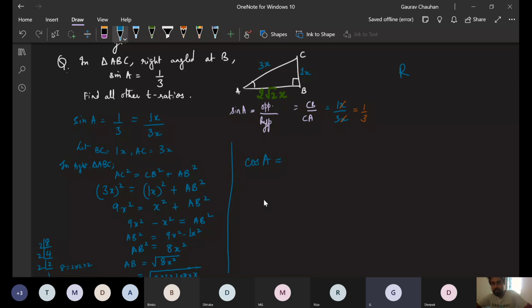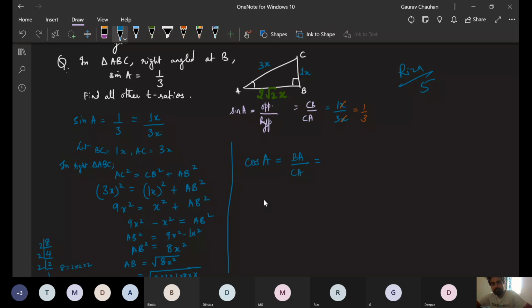Cos A is adjacent side by hypotenuse, sir. Okay, tell me which side by which side, according to the figure. BA divided by CA.